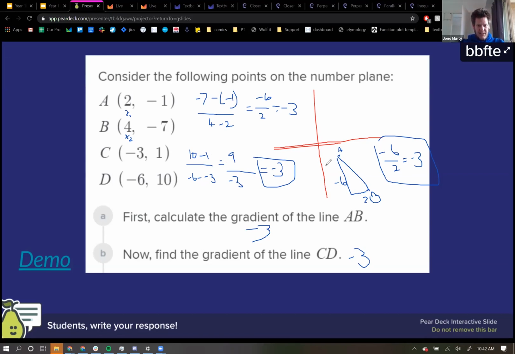I didn't draw these points. Let's just quickly. C, -3, 1, you can be there. D, -6, 10, that's all the way up here. Running out of room now.